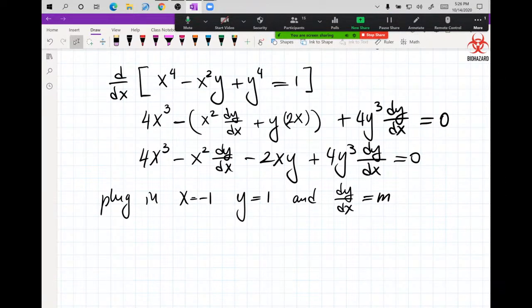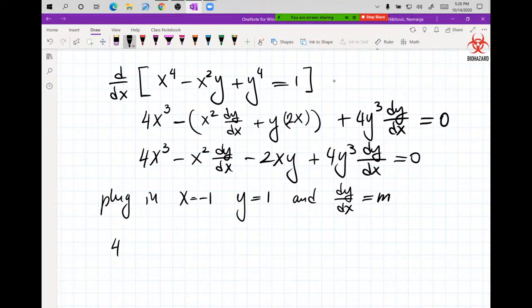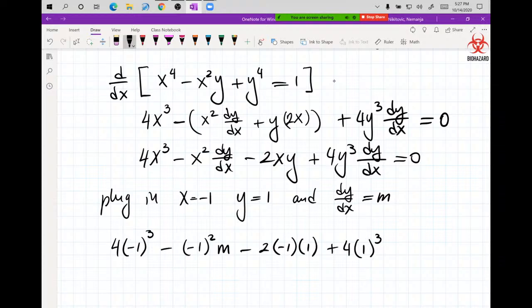The entire row becomes a computational joke. 4 times (-1) cubed minus (-1) squared times m minus 2 times (-1) times 1 plus 4 times 1 cubed times m equals 0. I just plugged everything in.